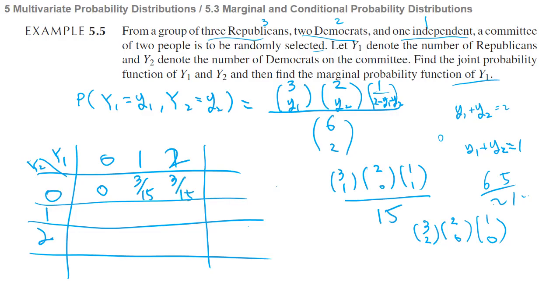For y1 equals 0, y2 equals 1: 3 choose 0, 2 choose 1, 1 choose 1, which is 2 over 15.